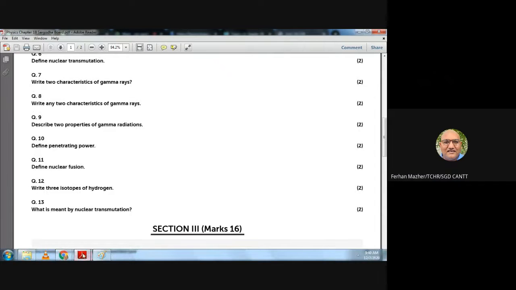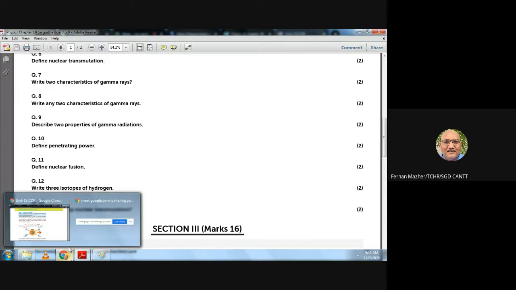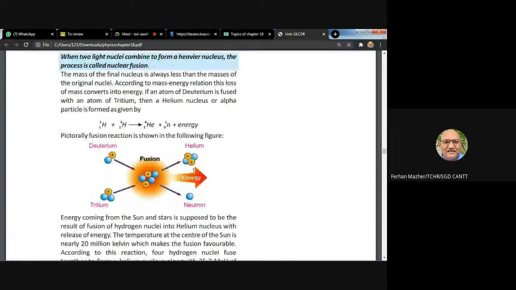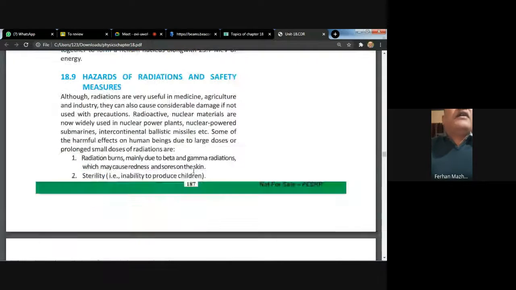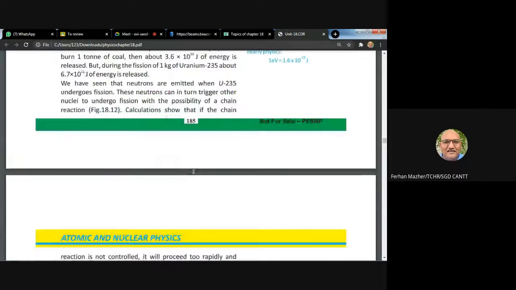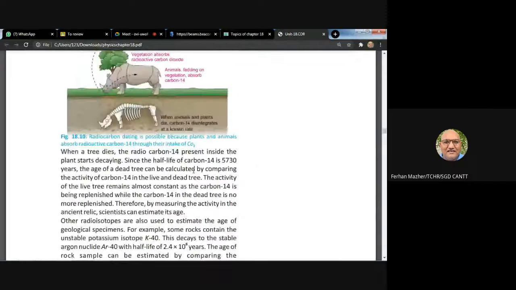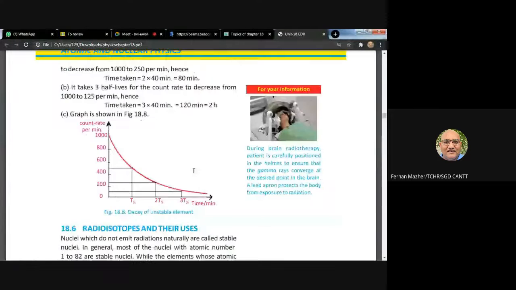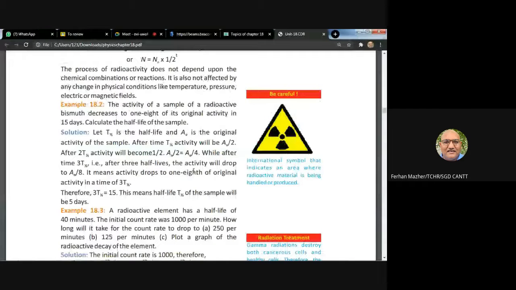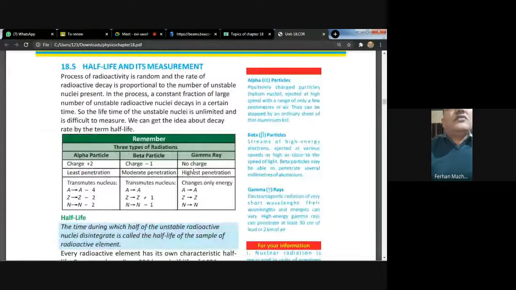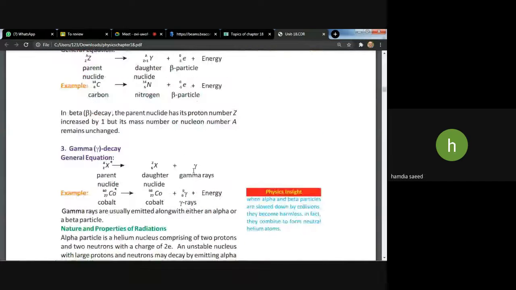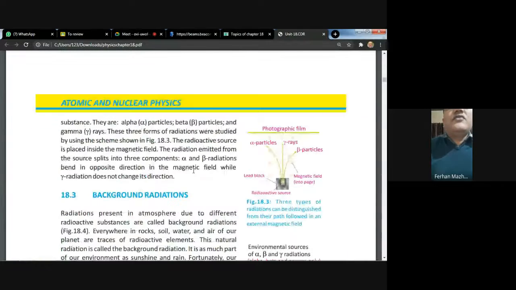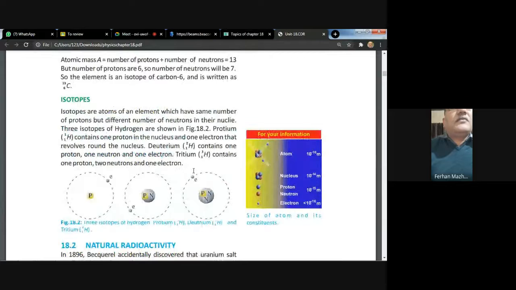Hydrogen has 3 isotopes. Yes sir, there are 3. Protium, deuterium, tritium. Yeah, here we go.